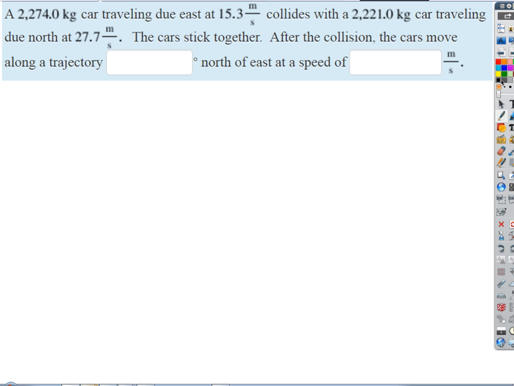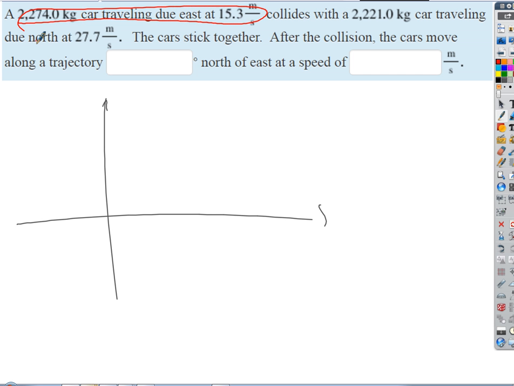So with this one, let's just make this the red momentum vector. There it is, due east. Okay, this is going to be the blue one.